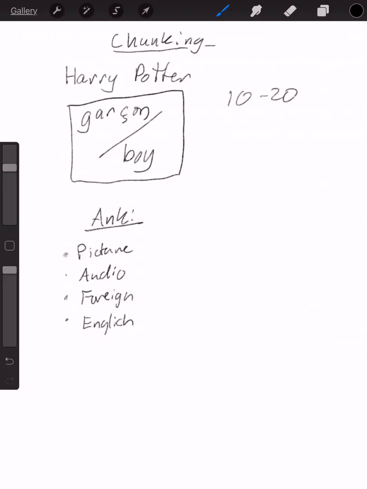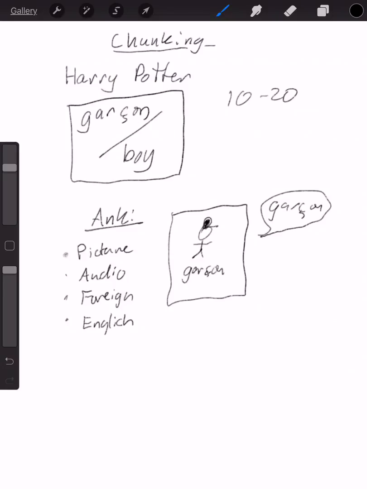And so I generate a lot of flashcards from these four different fields. One of them would have the picture of the boy on there. I'll draw a little hat, because all boys wear hats, right? Then it would have the French word garçon, and because this is a digital flashcard, it would say garçon out loud, and then I would try to recall what it meant. Of course it's a boy, but it would generate a whole bunch of other flashcards too.